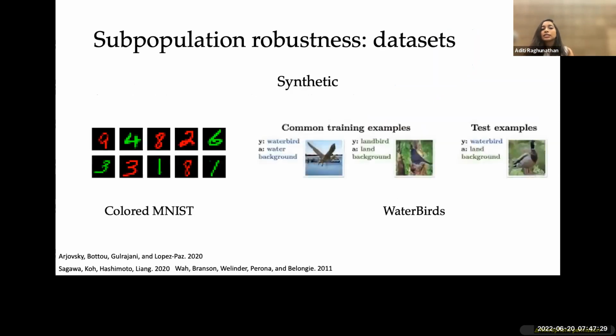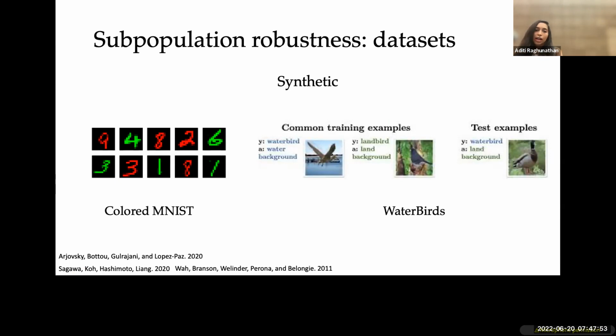So here are some examples of data sets that they've looked at in these different settings. A very common synthetic setting is colored MNIST, where we create a spurious correlation between the digits and the colors. As you can see, maybe the odd digits are one color and even digits are another color.